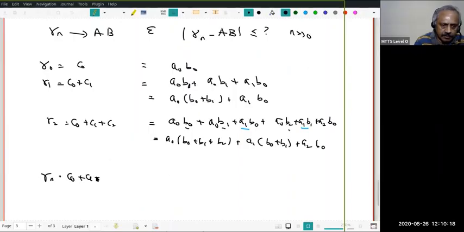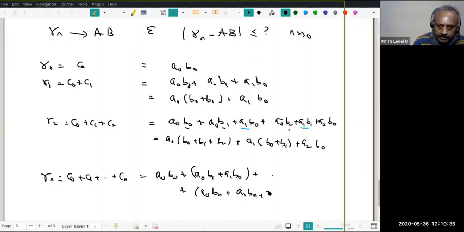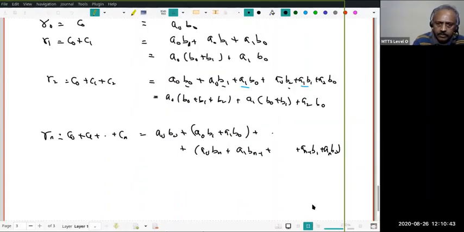So proceeding similarly, what will be gamma n? C naught plus C1 plus up to Cn, that is going to be A naught B naught plus A naught B1 plus A1 B naught, plus the last terms will be A naught Bn plus A1 Bn minus 1, etcetera, then An minus 1 B1 plus An B naught. Is that clear? So I'll again rearrange it. This is A naught into B naught, B1 up to Bn.